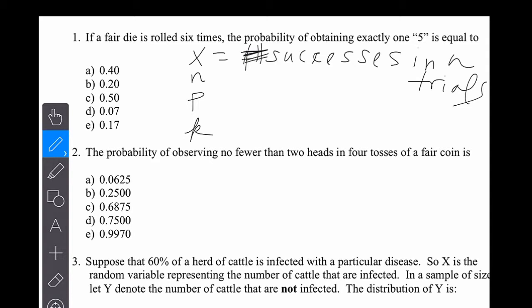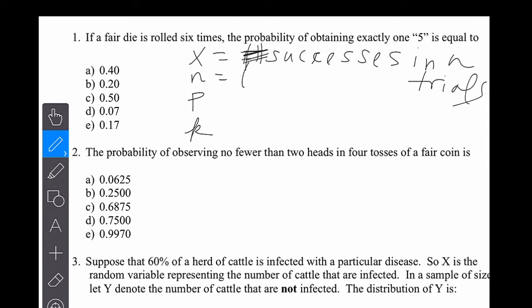So what's a success? What am I looking for? What am I doing? I'm going to roll a fair die. That just means that each side has the same chance of occurring. A fair die is rolled 6 times.